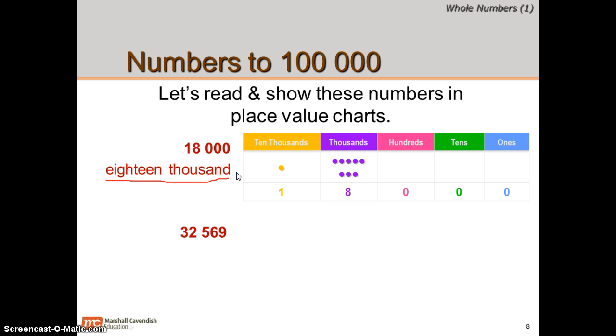What about this? Can anyone tell the class how do we read this value? Crystal, how do we read this value? I cannot hear you. Give me a loud and clear voice. Louder, please. Crystal, can you please stand and try to project your voice? 32,469.